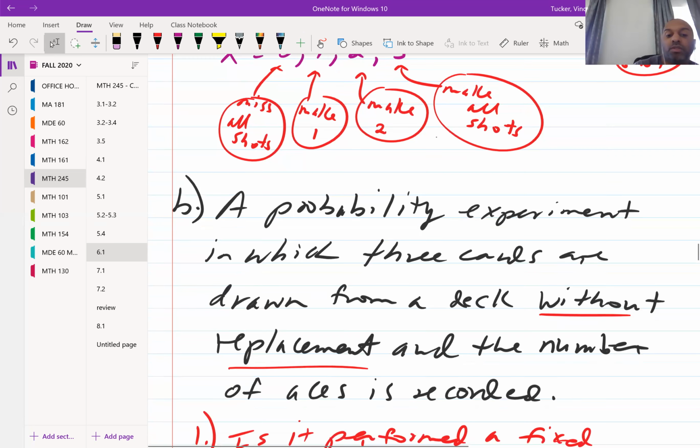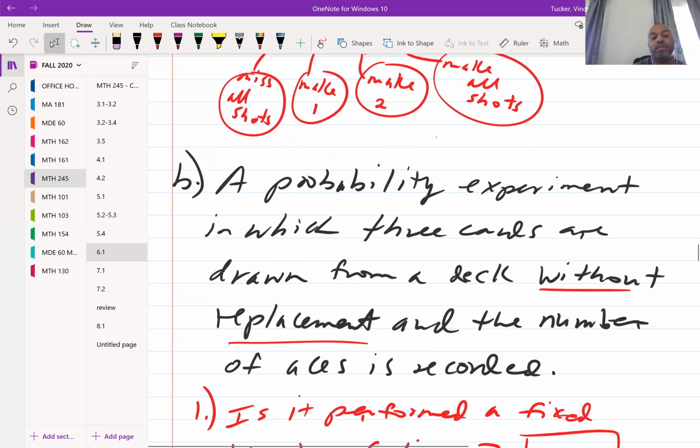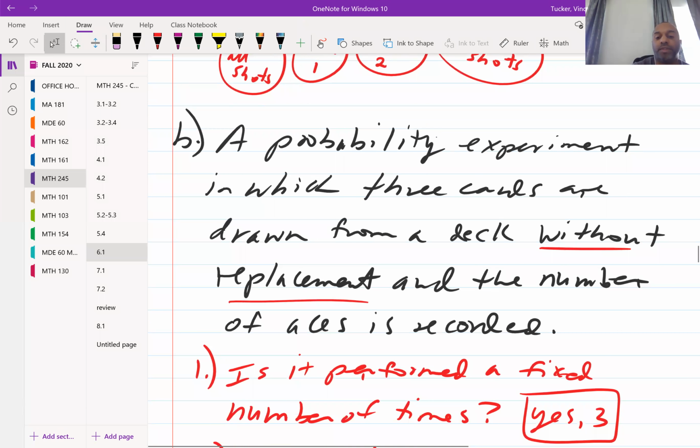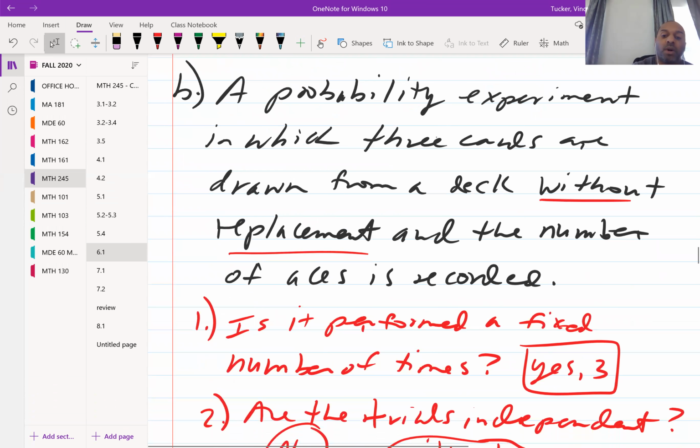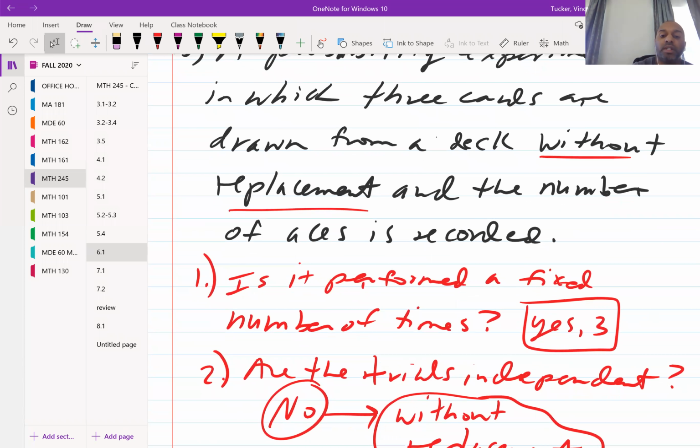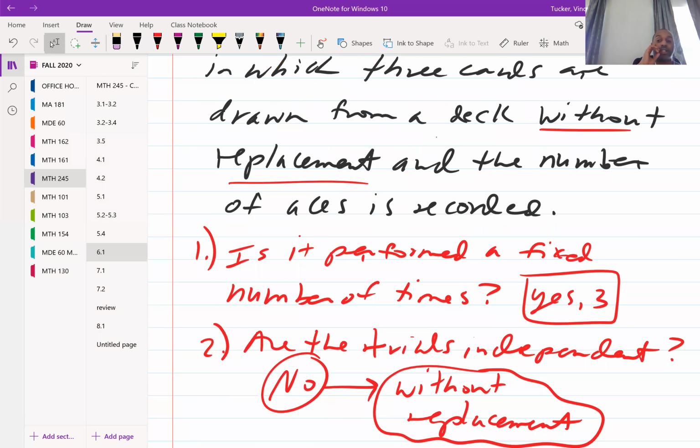All right. So you got to see if it fits the criteria. Is it performed a fixed number of times? The answer is yes. Pulling out 3 cards. Are the trials independent? The answer is no, because it says without replacement. Without replacement means that you do not replace the card that you just picked up.